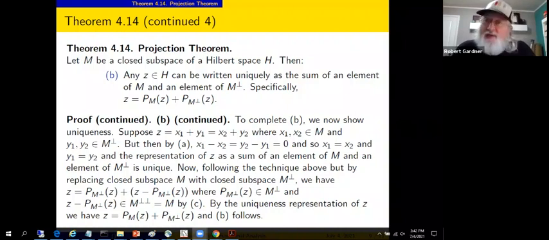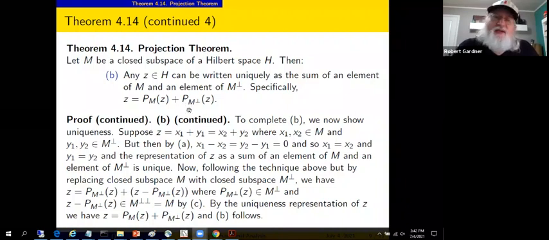In fact, it's written as a sum of a projection and a projection onto a perp space. An orthogonal complement is what we get. We haven't introduced those words yet, but that's probably words you've encountered before.